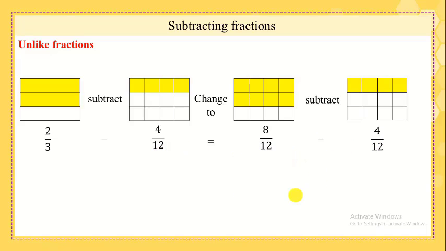Now, the two fractions are changed into other ones having the same denominator. Subtract the numerators and keep the denominator the same, so 8 minus 4 is equal to 4, and keep 12 as it is. Thus 2 over 3 minus 4 over 12 is equal to 4 over 12.